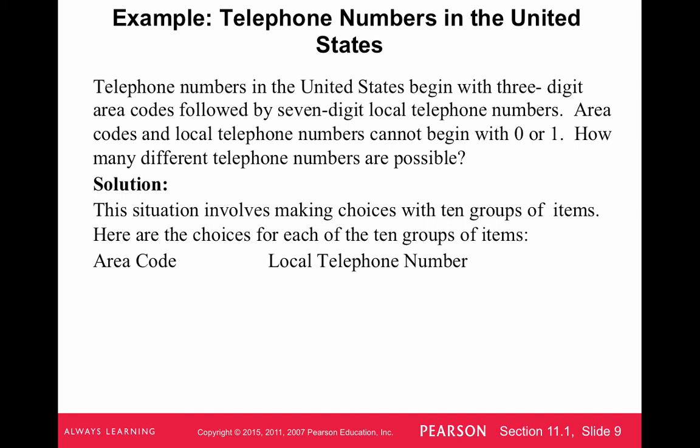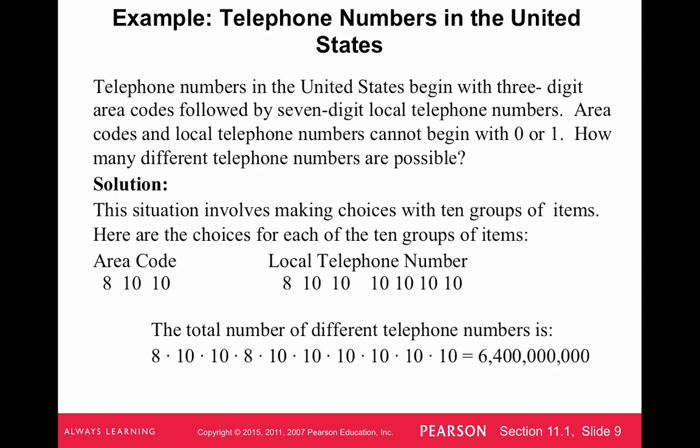So for the area code, there's a 3-digit area code, but the first digit cannot start with a 0 or 1. So the first digit has 8 options, and then the next 2 digits have 10 options, 0 through 9. The reason for the 8 is because we cannot start with a 0 or 1, but the rest of the area code can have a 0 or 1, so there's 10 options for those. So 8 times 10 times 10, and once again the first number of the local number cannot start with a 0 or 1, so we have an 8 again, and then from then on you have times 10s.